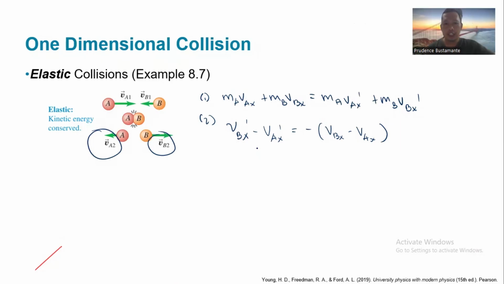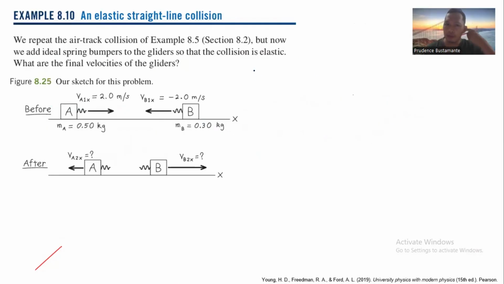So we're going to use first the relative velocity equation, number one, which states that the final velocity of B relative to A is equal to the negative of the initial velocity of B relative to A.